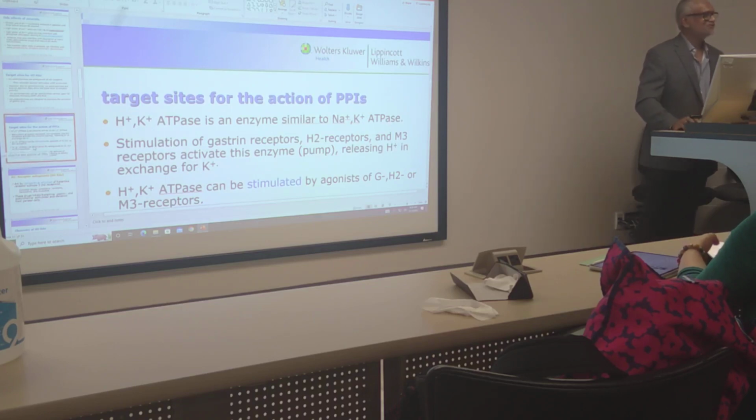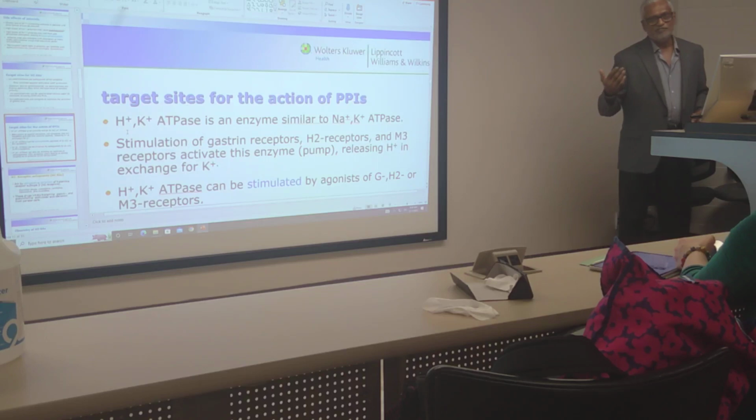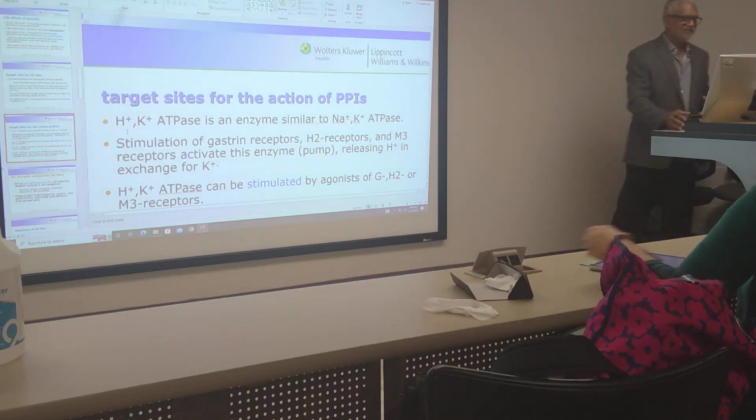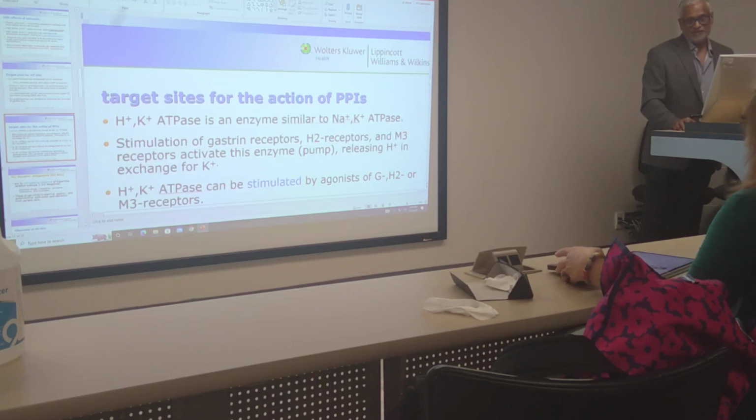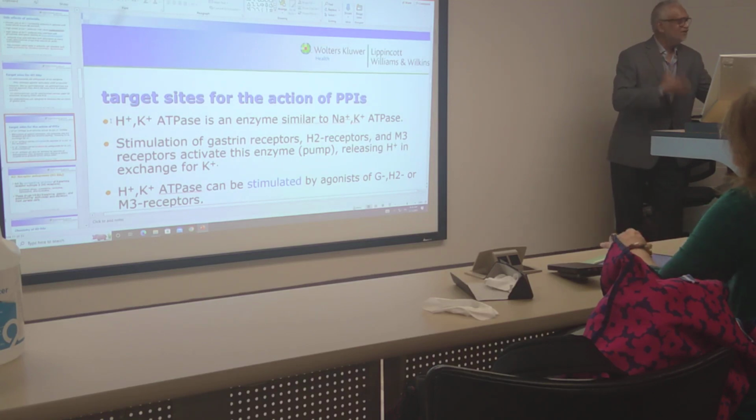Remember symporters and antiporters in biochem. So the protons will come out of the cell in exchange for a potassium. So one proton to one potassium. That is the stoichiometry. So if you inhibit the proton pump, it also inhibits the potassium going into the cells.